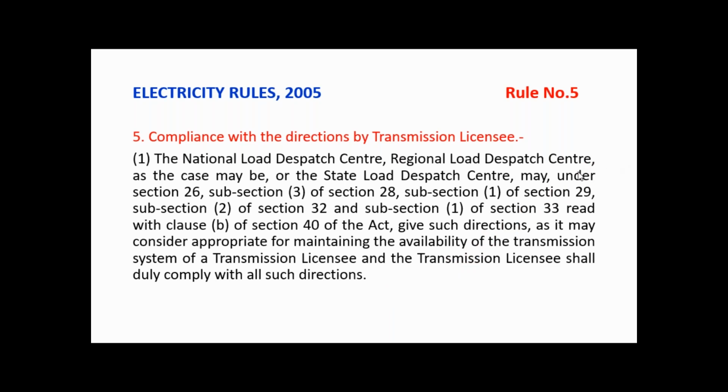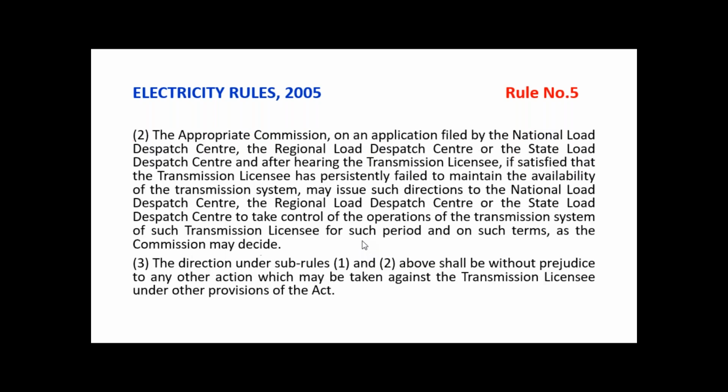So all these guidelines, whichever are given by the approval committees, should be followed and complied with. So the appropriate commission, on application filed by the National Load Dispatch Center or the Regional Load Dispatch Center or the State Load Dispatch Center, after hearing the transmission licensing, if the appropriate commission is satisfied with all the conditions, then they can accept the conditions and approve the license.